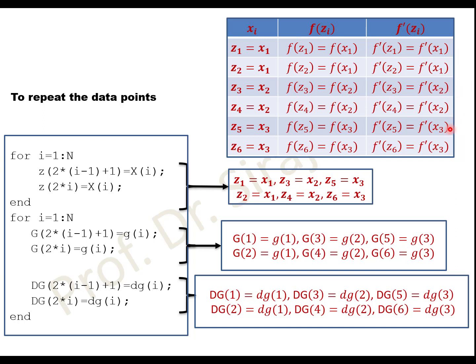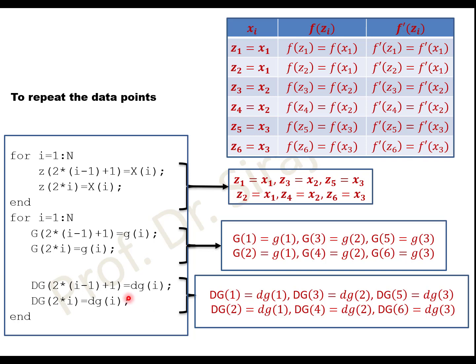Now let's come to the even one. When I is equal to 1, capital D G of 2 is equal to small d G of 1, and small d G of 1 is equal to f prime at x1. I is equal to 2, capital D G of 4 is equal to small d G of 2, and small d G of 2, you know, is f prime at x2. And similarly, when I is equal to 3, capital D G of 6 is equal to small d G of 3, and small d G of 3 is f prime of x3.